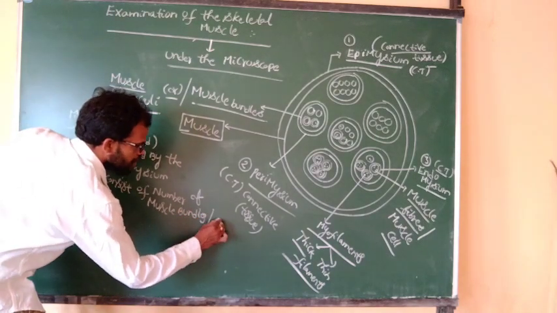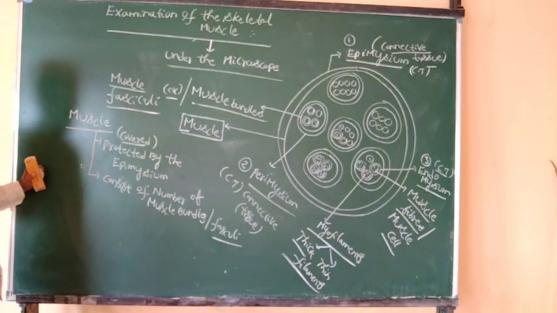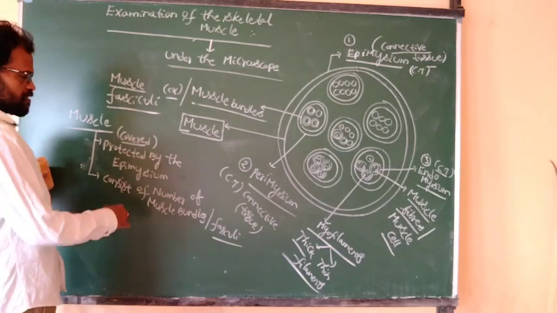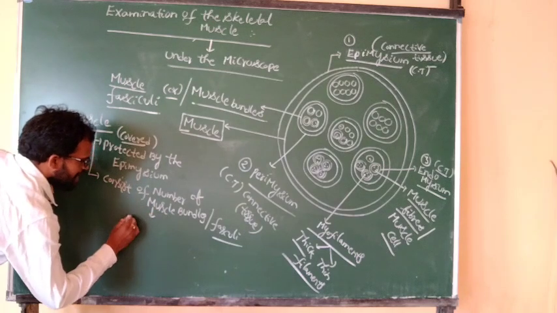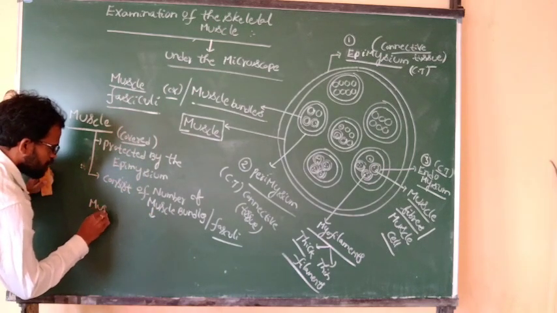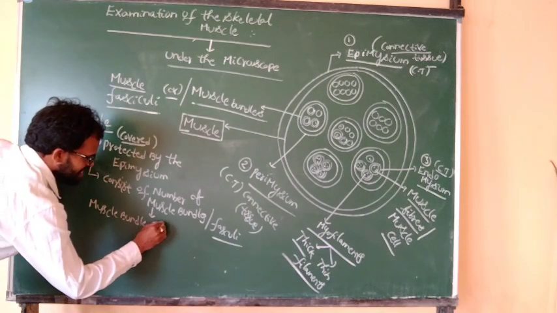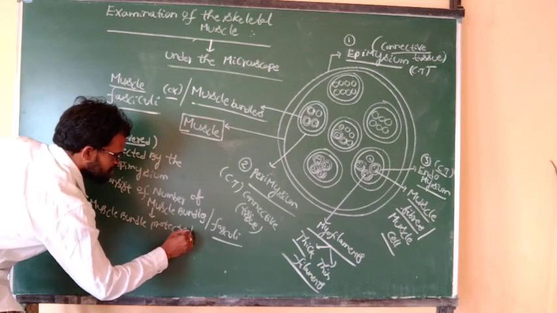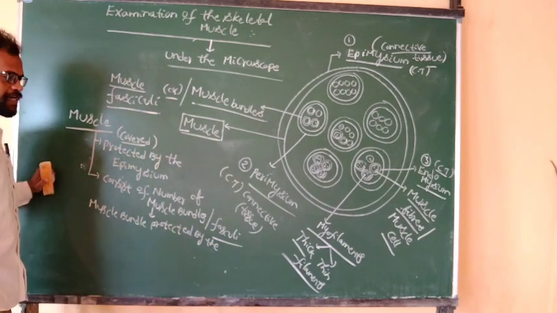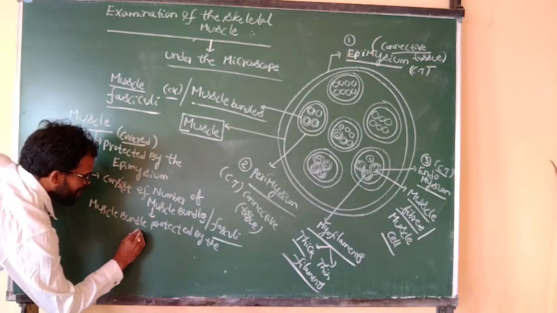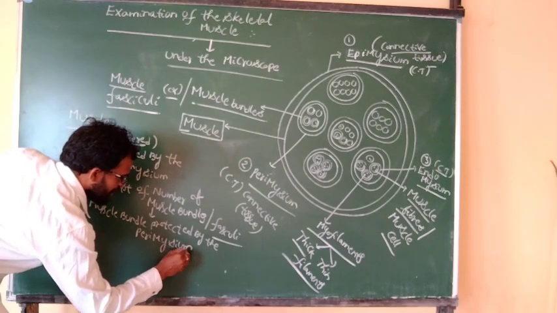These muscle bundles are also known as fasciculi. Muscle fasciculi, nothing but muscle bundles. Each muscle bundle is protected by the perimysium.